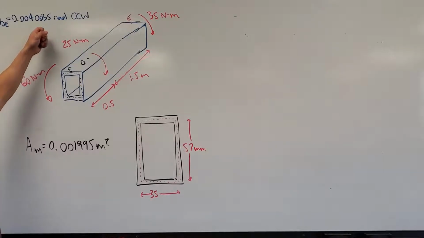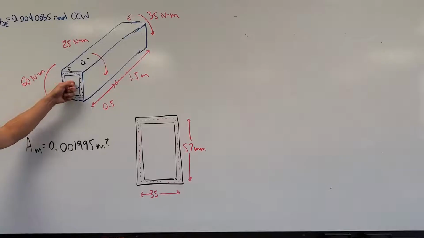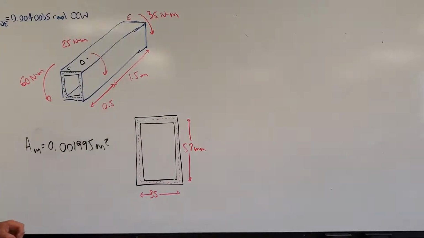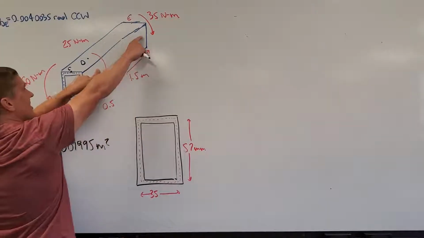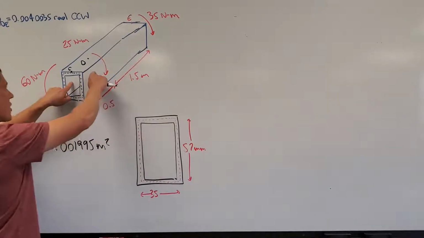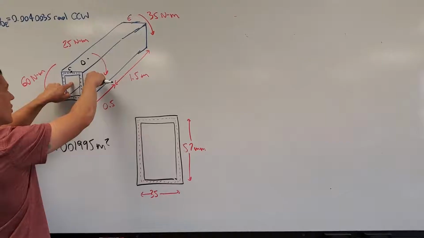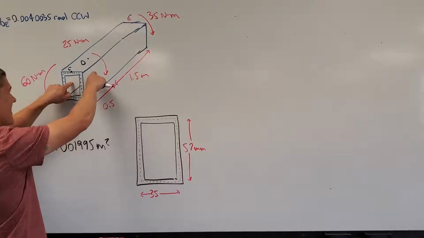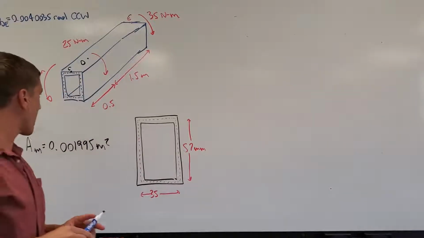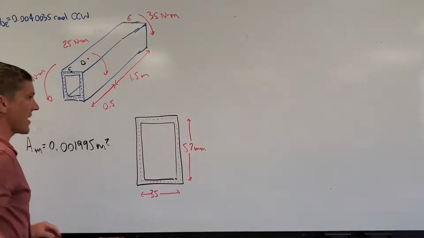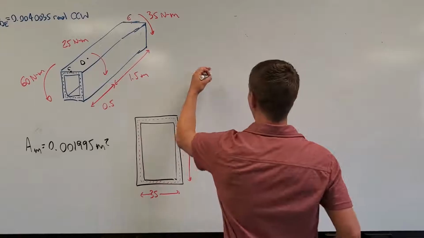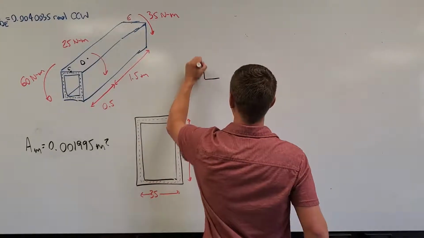Now the problem was asking for the rotation of the free point at C. Just like we had relative twist between point D and point E, we're also going to have a relative twist between point C and point D. So once again, I need to make a cut at point D, but I'm going to look at the other side of that cut, the free end, and analyze that separately.